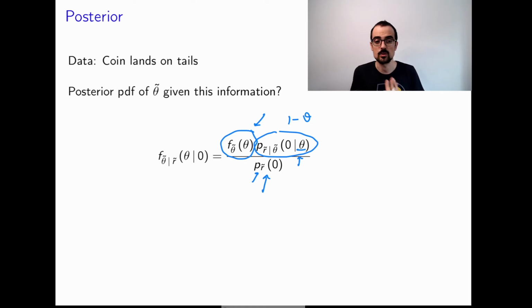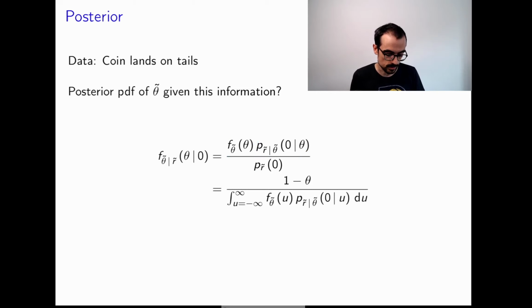Now we only know the conditional of R given theta, so we need to integrate. It's going to be equal to the integral of the conditional times the marginal. And now that marginal is equal to 1, so we're going to basically integrate 1 minus theta from 0 to 1.